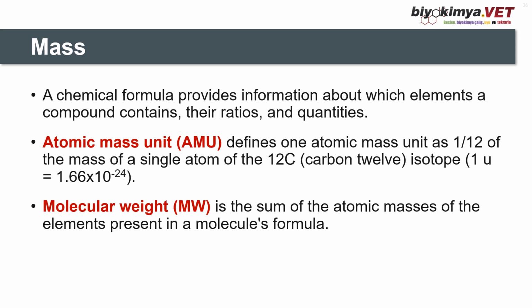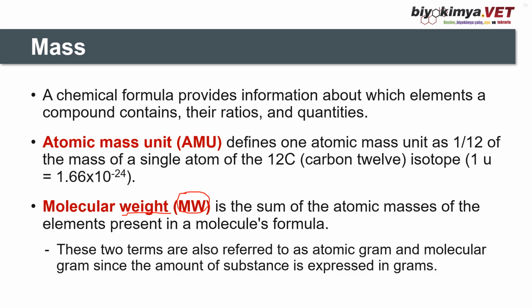And we discussed the difference between weight and mass also in our first topic in general chemistry. And molecular weight, yes and no, it's the mass actually, but we use weight interchangeably. And this is the accepted common abbreviation, MW, the sum of the atomic masses of the elements present in a molecule's formula.